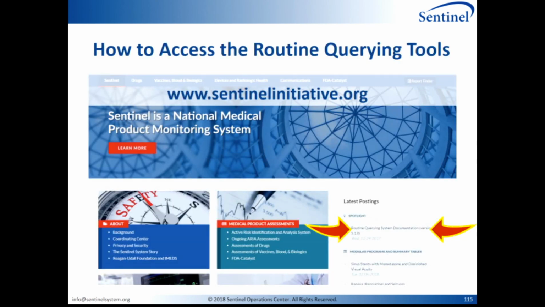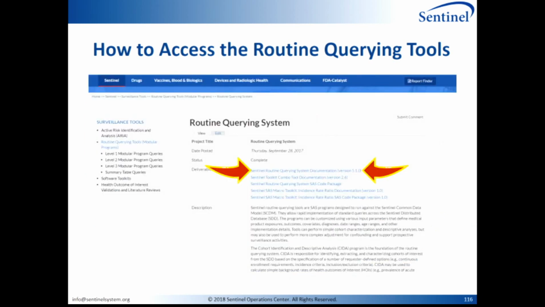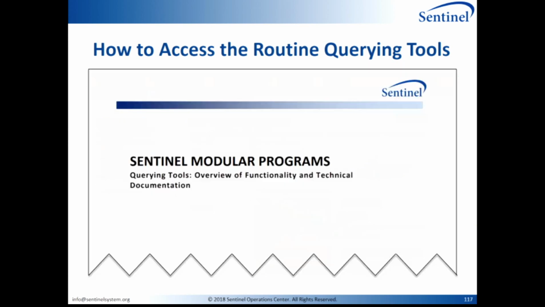So just to orient you to how to access these tools, this is the Sentinel website, the sentinelinitiative.org. The highlighted link will take you to the documentation, which looks like this, and you can click the highlighted link here to access the specific documentation document.